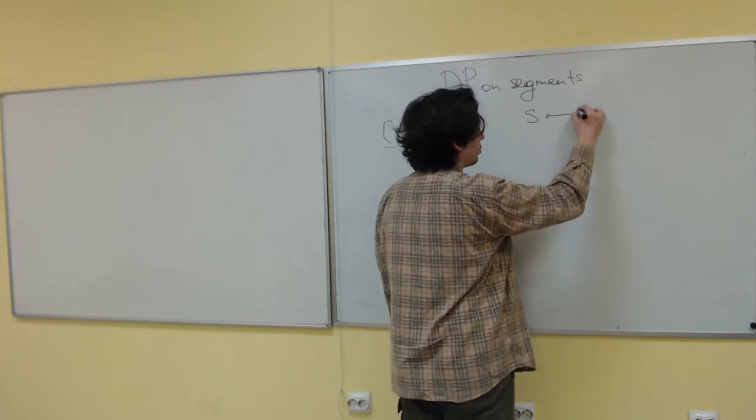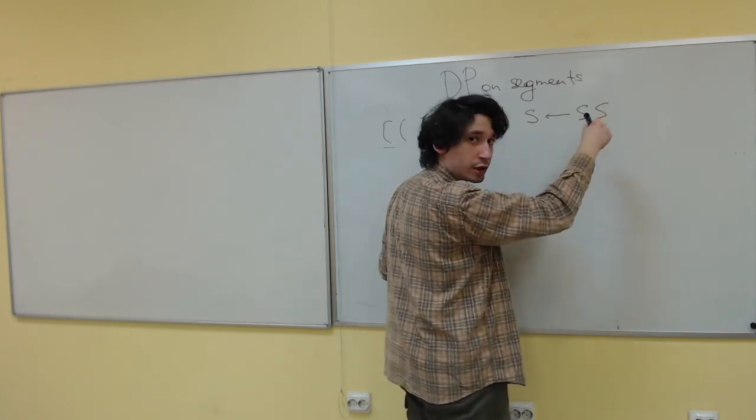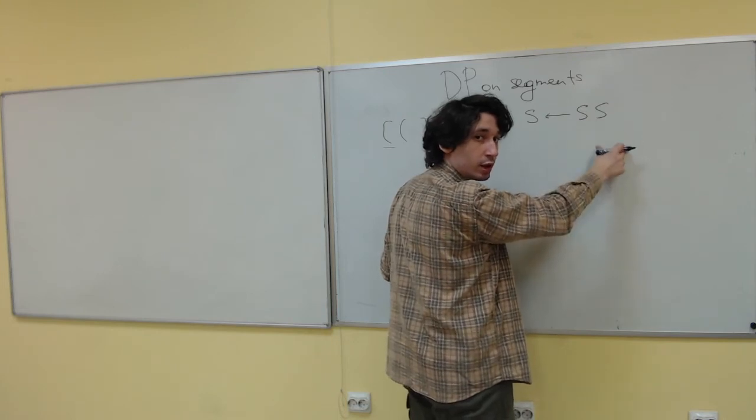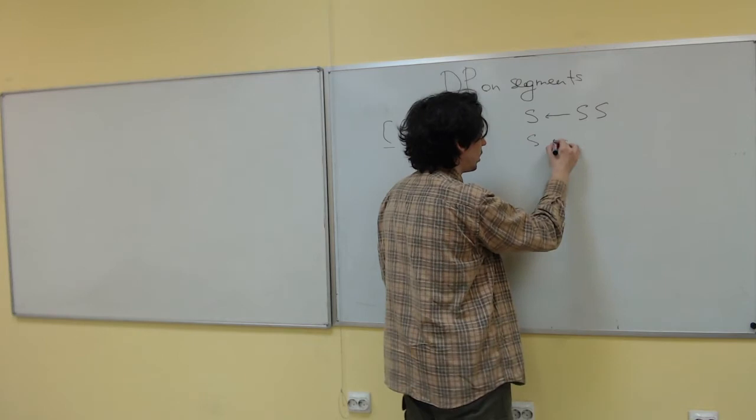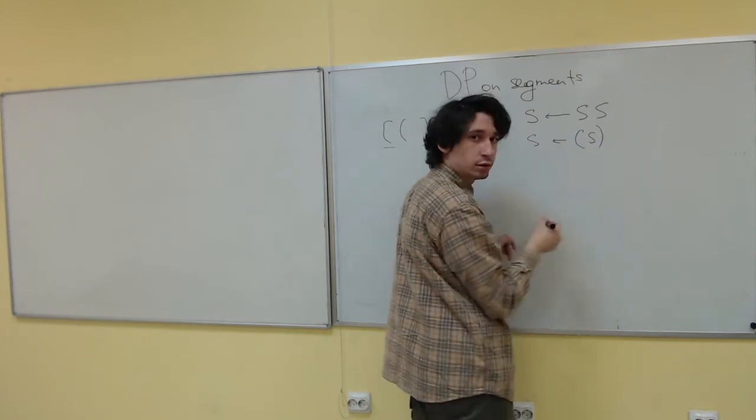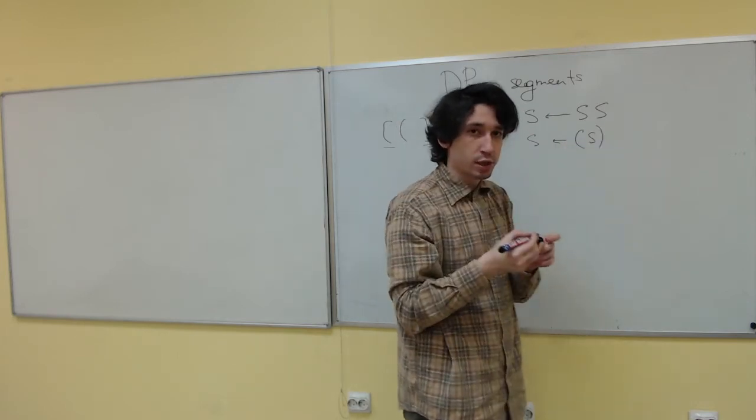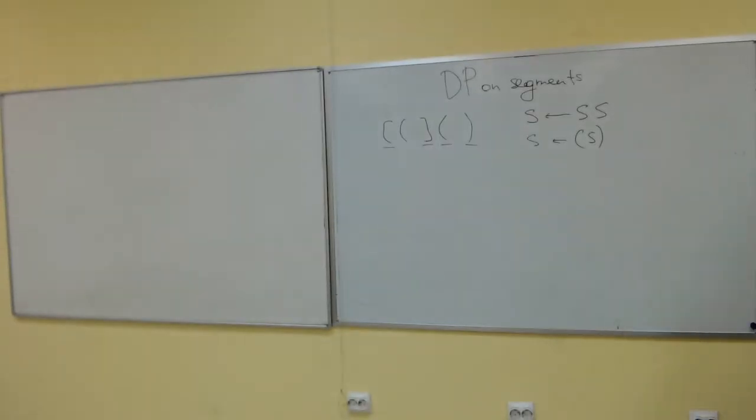It is either constructed as two other correct bracket sequences that we just joined, or you add 2 brackets outside. So let's think how to solve this problem. I think these two hints should give you the idea on how to solve this problem.